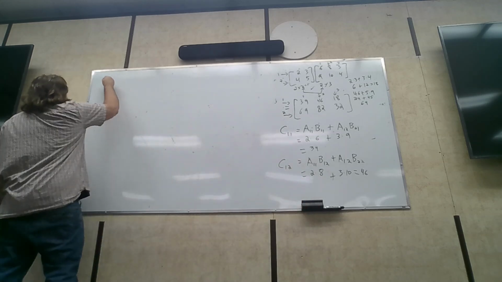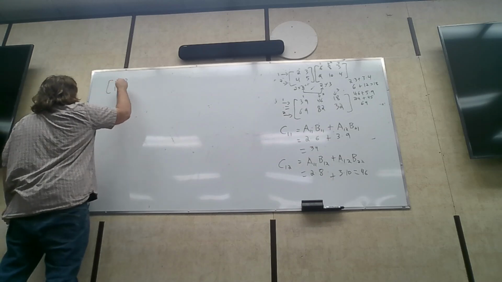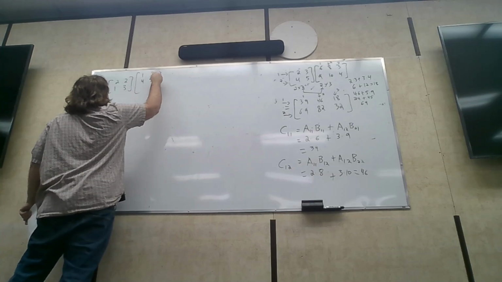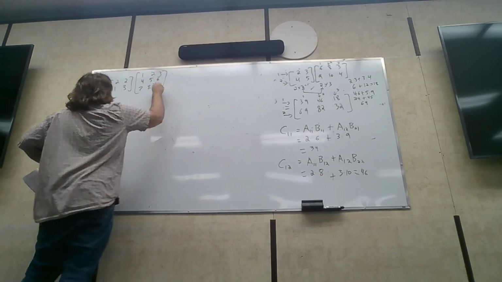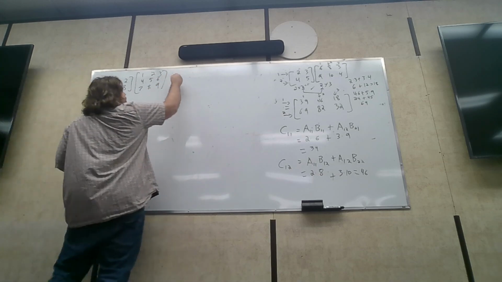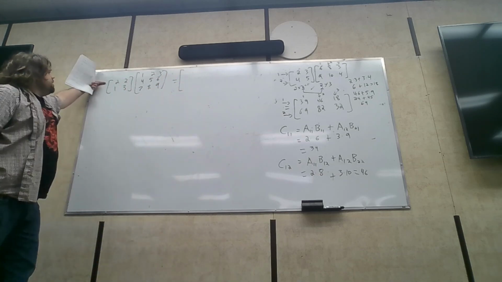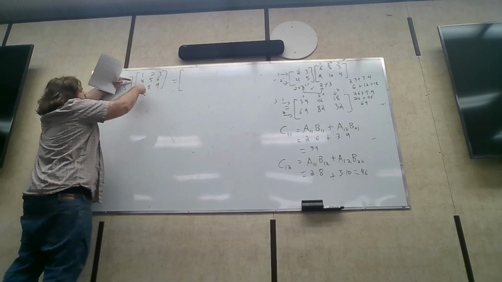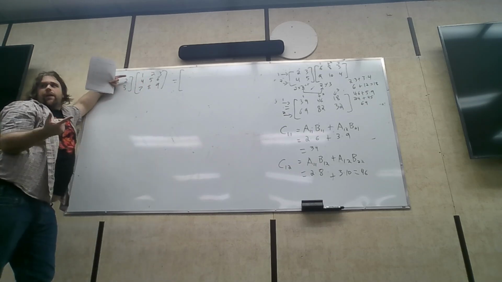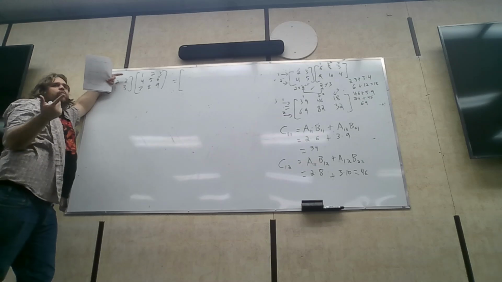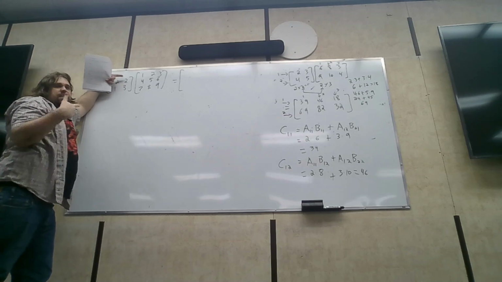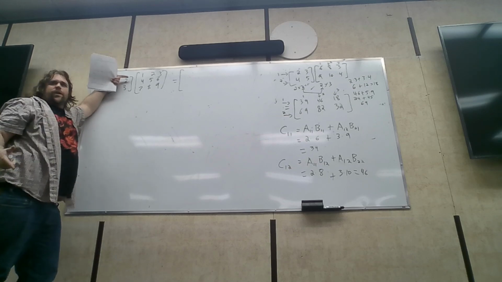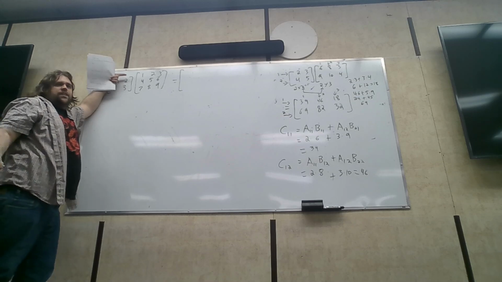If I had something like a 2 by 2 and a 3 by 3, top left one, row 1, column 1: 2 times 2 plus 4 times 2 plus, wait a minute, I ran out of numbers. That's a sign of a problem. Again, the mistake students make is they say, oh, well, it's 0. Why is it 0? There's no 0 written down. Where did you get that? There's nothing there.